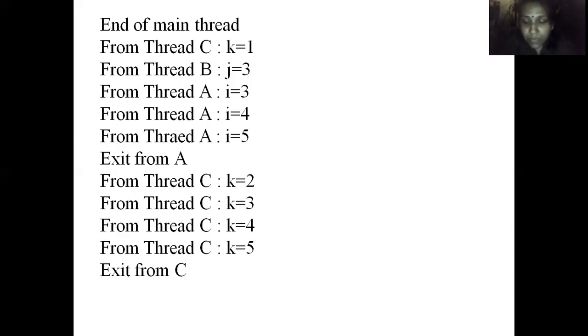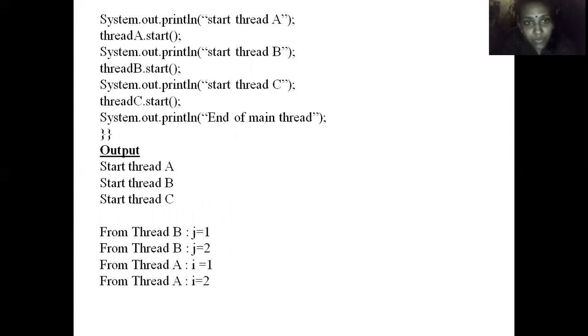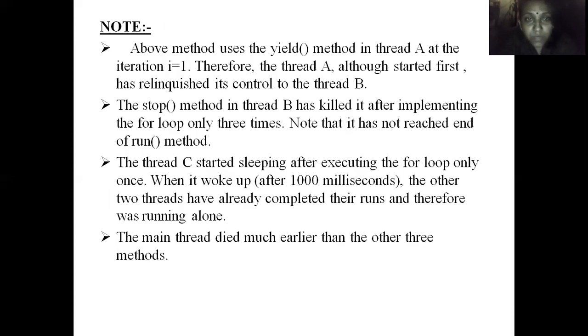Previously B ran 2 times, but we forcefully stopped it during the third time, so it will run for the remaining 1 time, j equal to 3, from thread B. Then thread A will run 3 more times, because previously it ran 2 times, 1 and 2. Then we exit from A. Then thread C will start to run again, and it will run for the remaining 4 times. So here is the explanation.